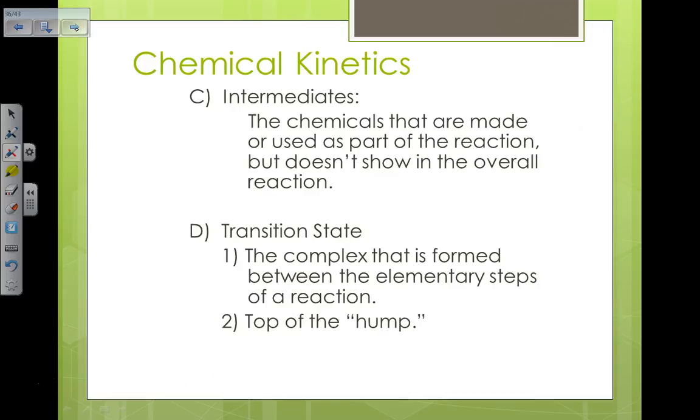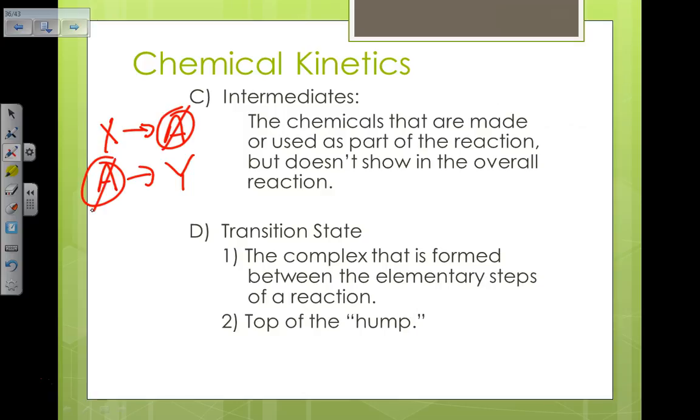Now the intermediates are the parts of the reactions that are made but then are used up again in the next step. They are part of the reaction. They're chemicals that are formed, but they're not products. So if we have an elementary step where X reacts to form A, and then A reacts to form Y, notice that X forms A, and then A reacts to form Y. These two are elementary steps, but A cancels out.